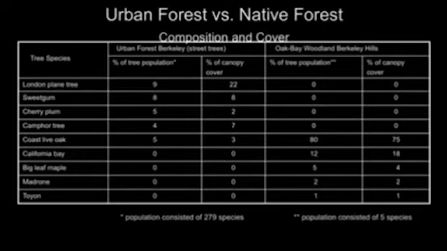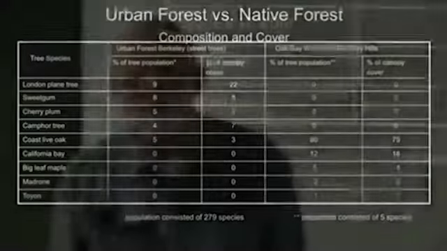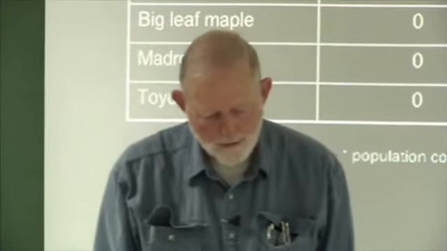As you can see, as we've talked about, 9% of the tree population is made up of London plane, and it has 22% cover in the city, of course, as an exotic species, it's not present in the natural forest.